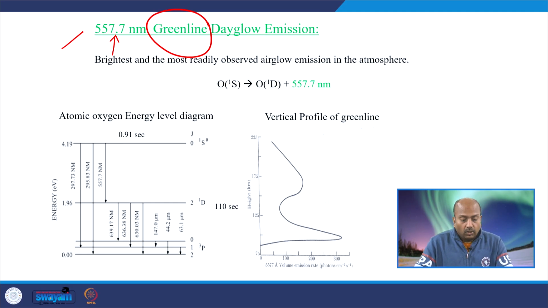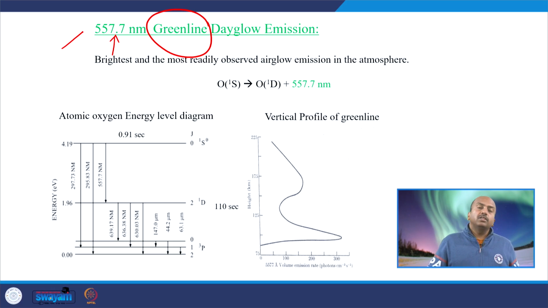Okay. So, green line dayglow emission is by far the most readily observed airglow emission and the brightest airglow emission in the atmosphere. So now you just have to understand that this is a light. This is the light that we can see.